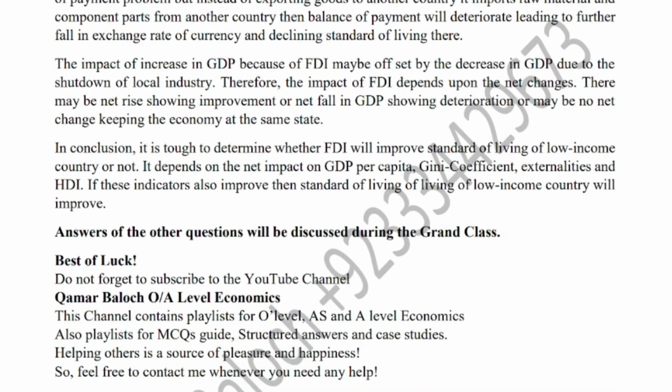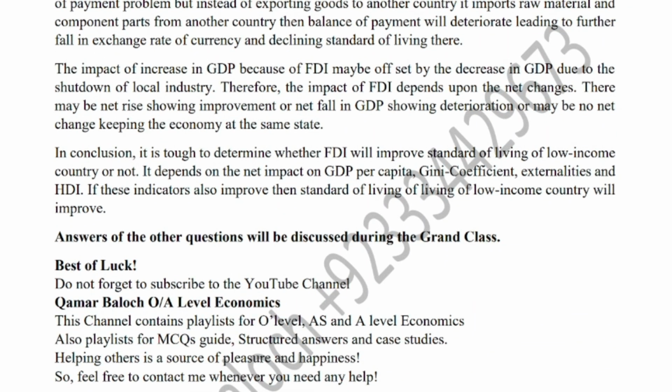Okay, so this is the complete answer of the Section C question, and now we are moving to the important terms that are tested in case studies. Let me show you the questions first and then the answers to these questions.